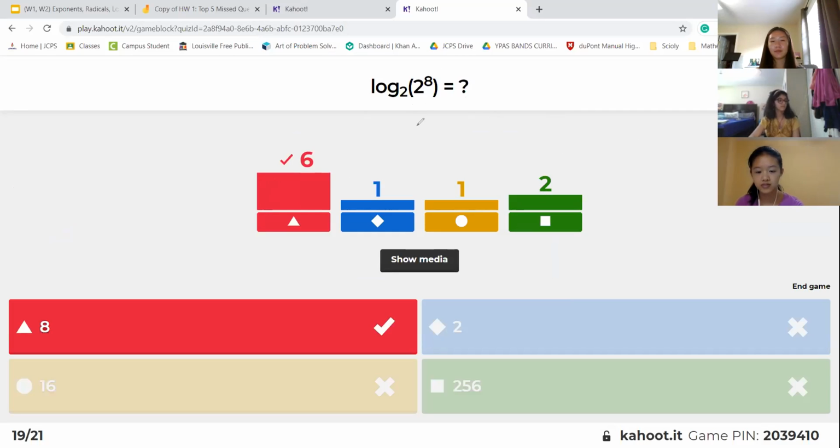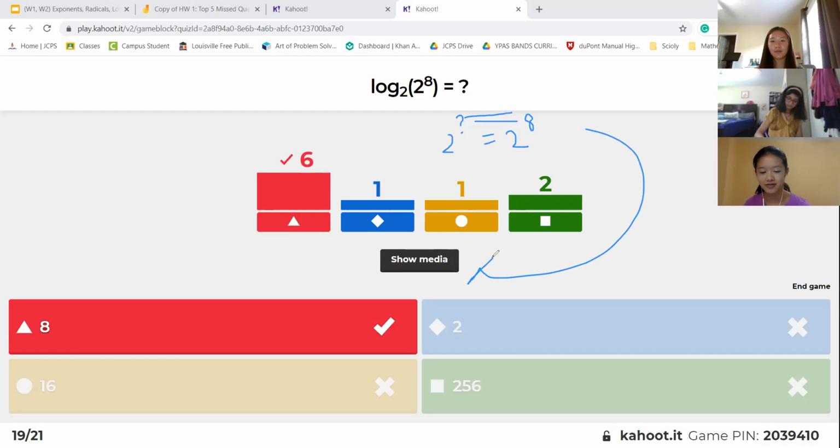But this one we could just solve it. Actually no, I don't think we could solve it. I mean you could. You could read it out loud. It'd be like 2 raised to what power equals 2 raised to the 8 power. That'd just be 8.